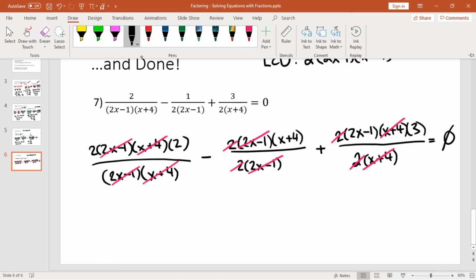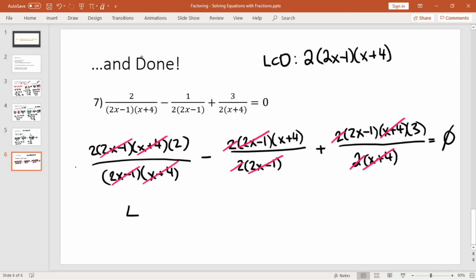All right, what do we have left in the first one? 2 times 2, just 4. On the second one, we have that x plus 4. It's a subtraction, so it's minus x minus 4. And on our third one, we just have, distribute the 3, 6x minus 3, I almost didn't see that, equals 0.